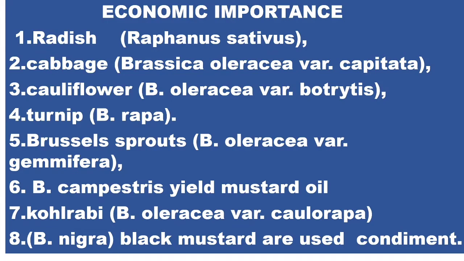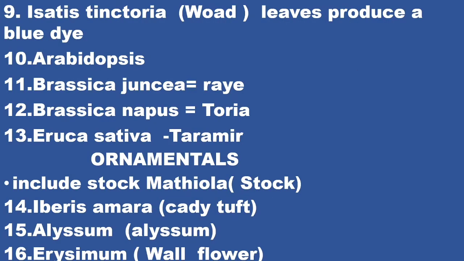Mustard oil, Brassica campestris. Brassica oleracea, variety kohlrabi. Brassica nigra, it is the black mustard and it is used as condiments. Isatis tinctoria, this is woad, spelling is WOAD. It yields blue dye, an alternative to indigo.